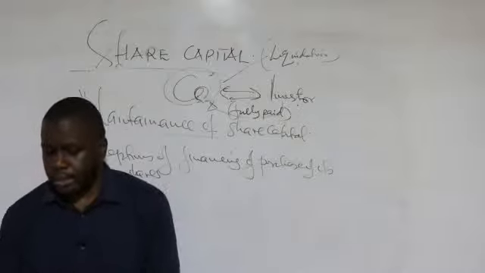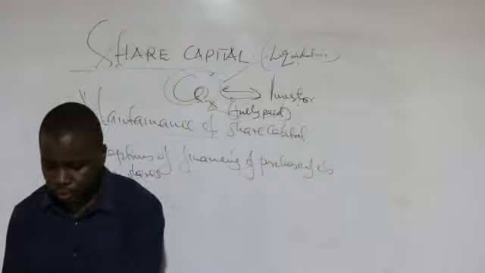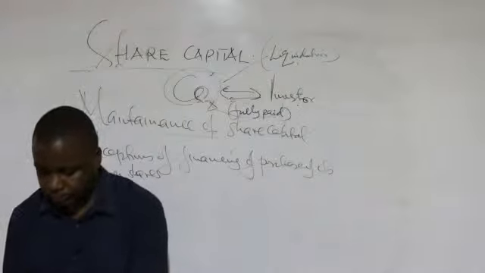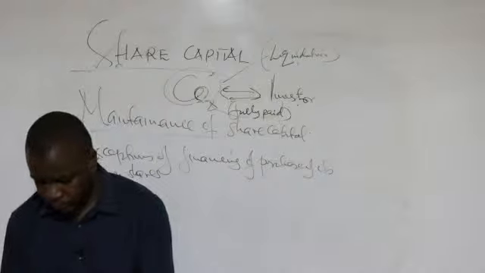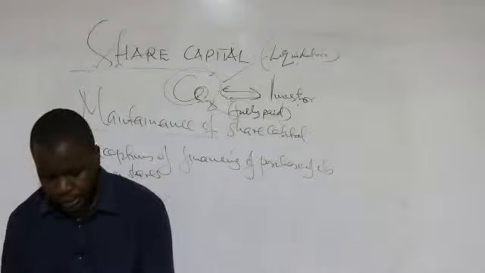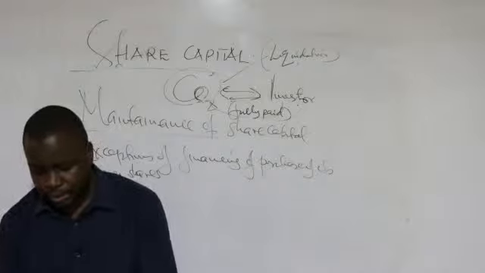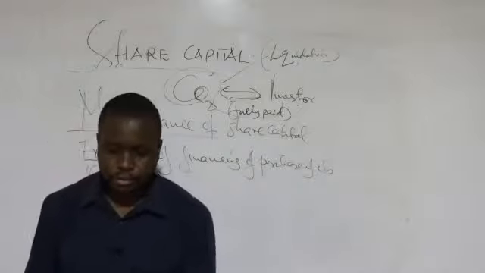So I think we can now just look at a few questions here and there. Rather than us just doing a lot of talking, you can see how these things have been tested in the past. The examiner likes this one, so you can't afford to forget the rule in Trevor versus Whitworth.